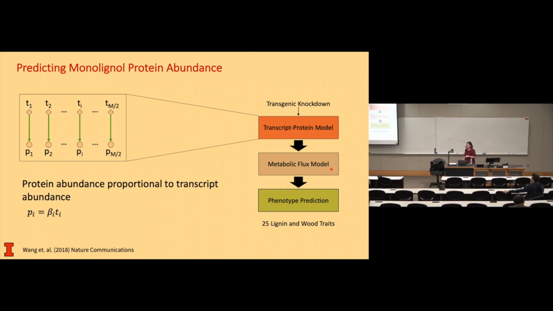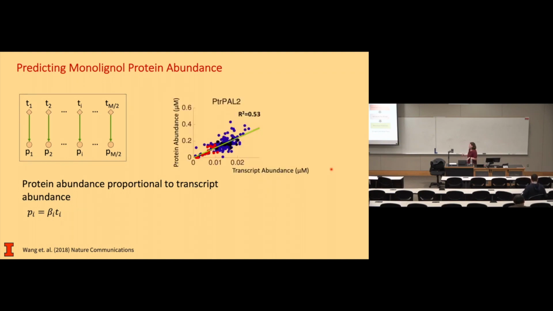And so for this first part of this model, the initial version that we started with made the simplifying assumption that each protein was directly and only related to its associated RNA or transcript. And this makes sense. The protein is directly translated from the RNA, and so there's going to be that one-to-one relationship.